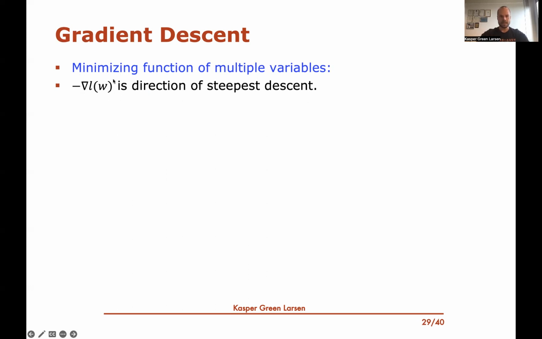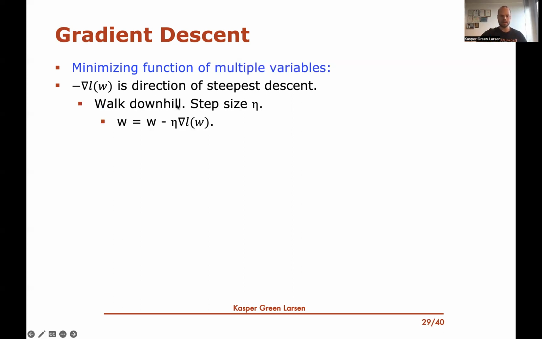If you take a step in the negative direction of the gradient, so you take minus the gradient vector, then you can argue that this is actually a step in the direction of steepest descent from where you are, right? You should imagine that your function is now a landscape, at least for two variables. The gradient points in the direction where it goes the fastest uphill, and the negative gradient points in the direction where it goes the fastest downhill.